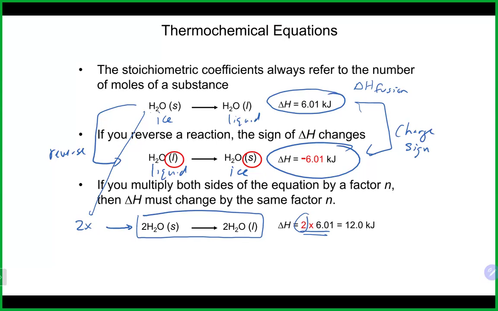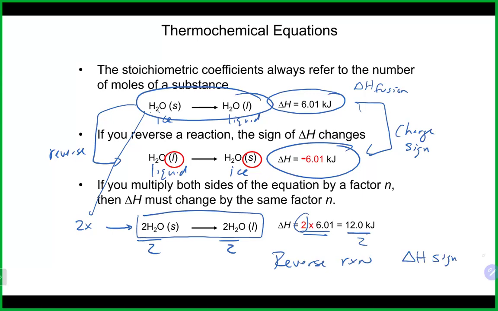Let's say you didn't want 2 of everything, but 1 of everything. You could divide everything by 2, and that would put you back up here. If you divide by 2, you also divide the delta H by 2. And if you reverse the reaction, the delta H sign changes.